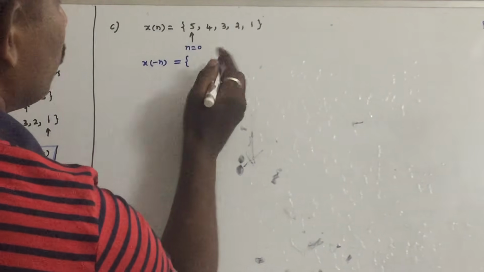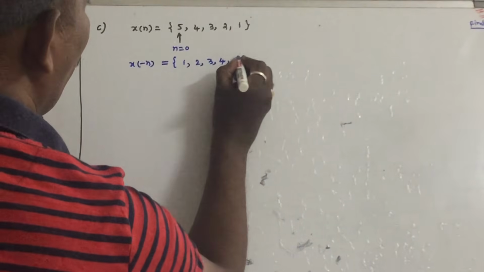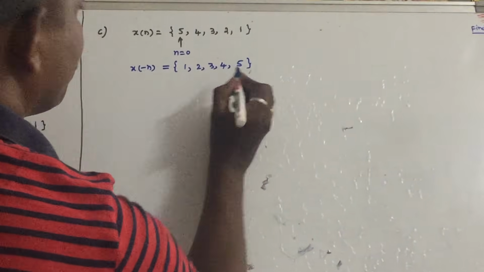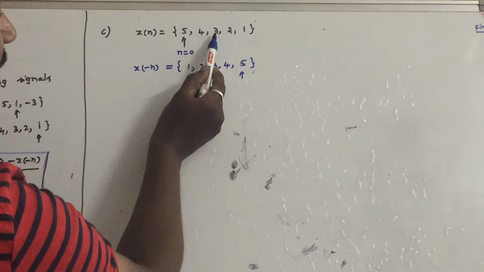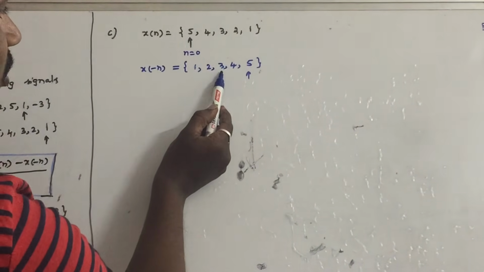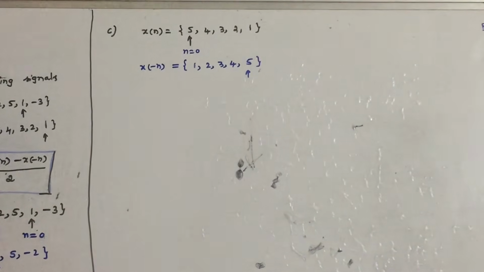So bring right side samples to the left side: 1, 2, 3, 4, 5. That is, the n is equal to 1 sample we have to place at n is equal to minus 1. The n is equal to 2 sample we have to place at n is equal to minus 2. Like that, we just reverse or fold the sequence to the left side.